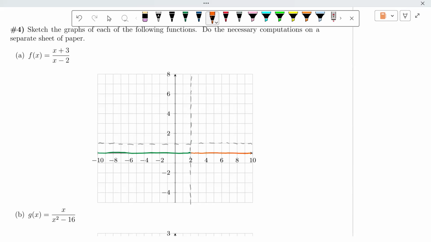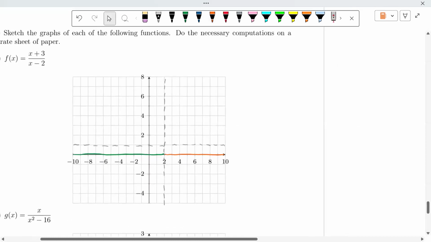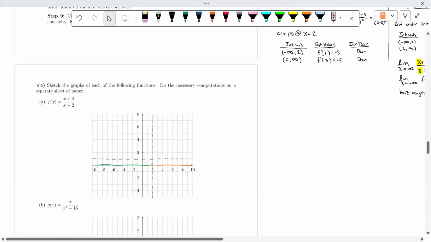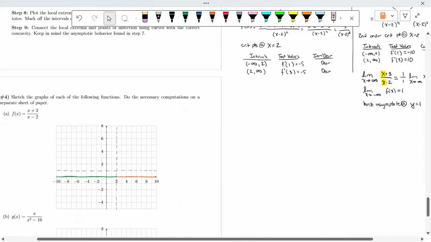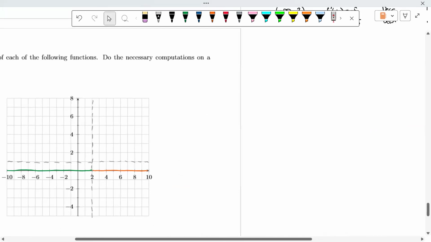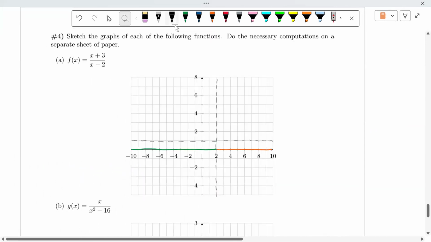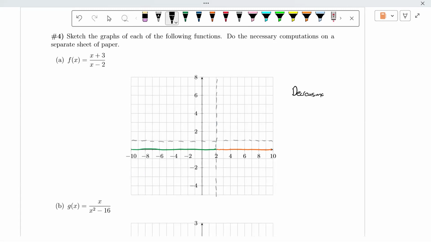Concave down there. And it's decreasing everywhere, right? Decreasing everywhere. I'll let you ponder. How do you plot that?